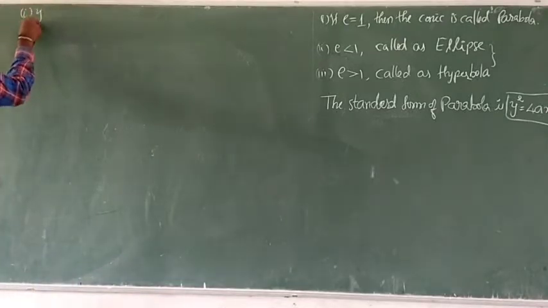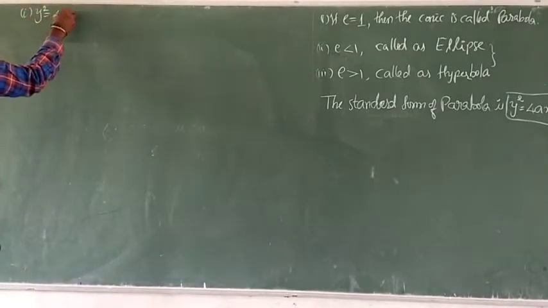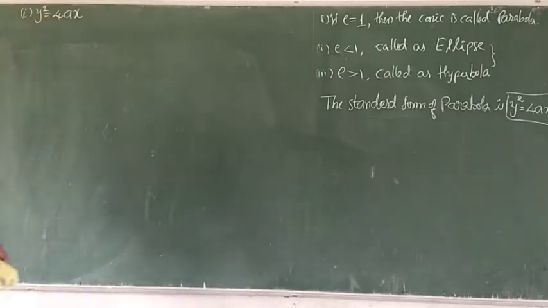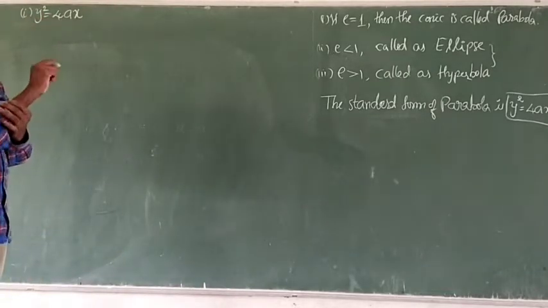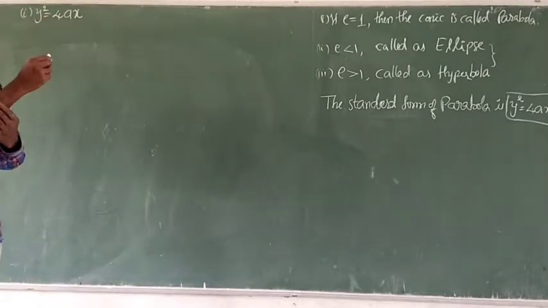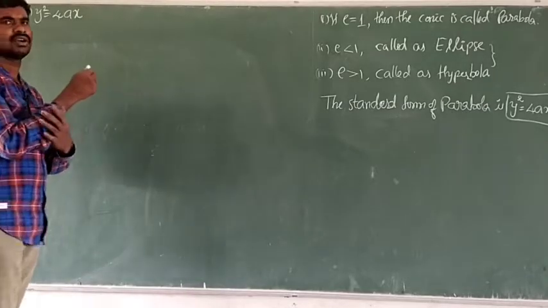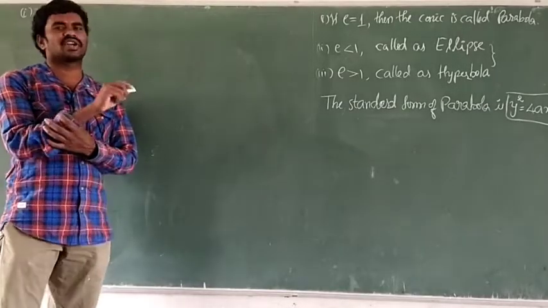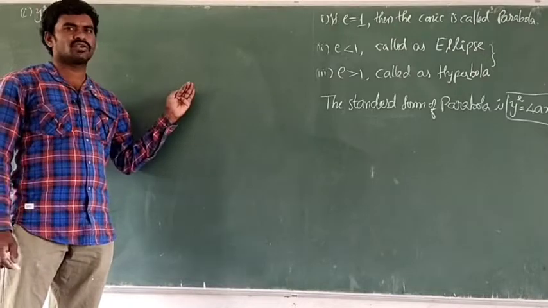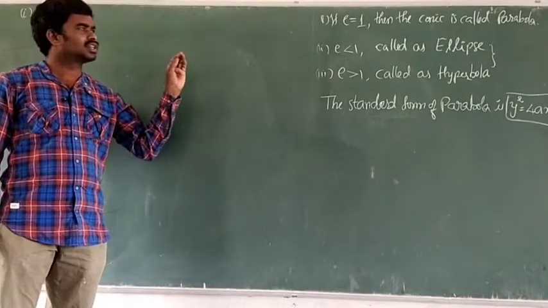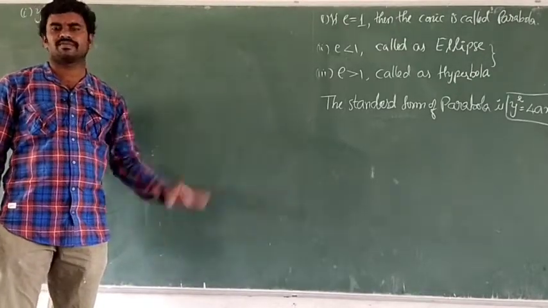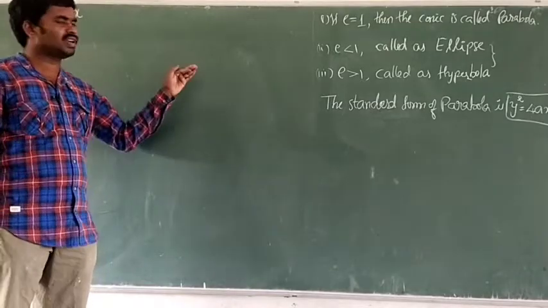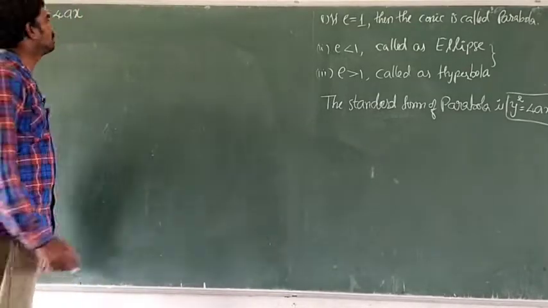So first one, y square is equal to 4ax. Okay, using this, what is the picture, what is the diagram of y square equal 4ax? Just now in the conic definition I drew roughly, but here I will draw very clearly what is a parabola.